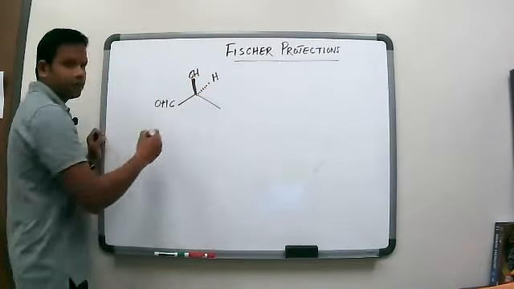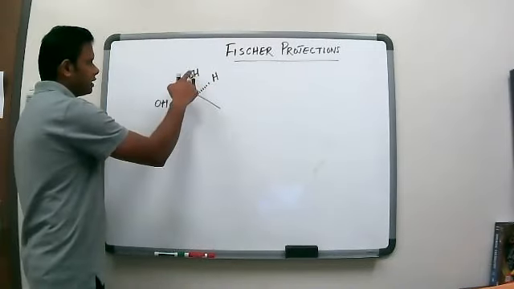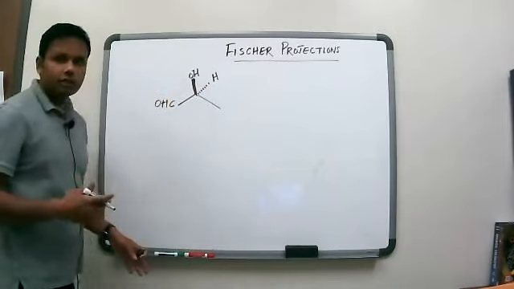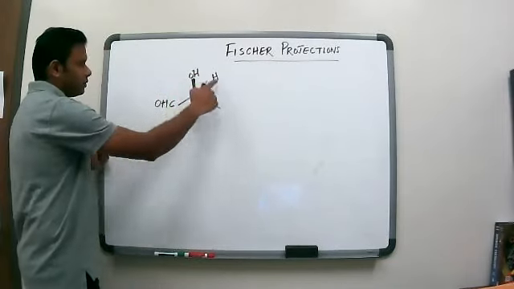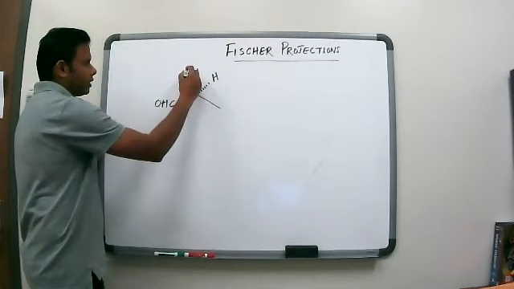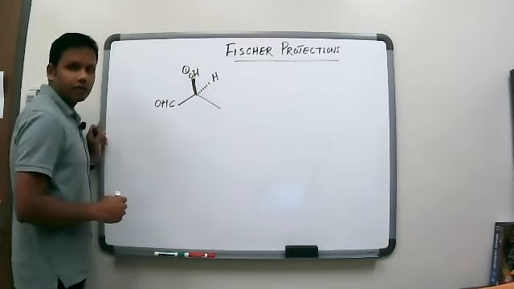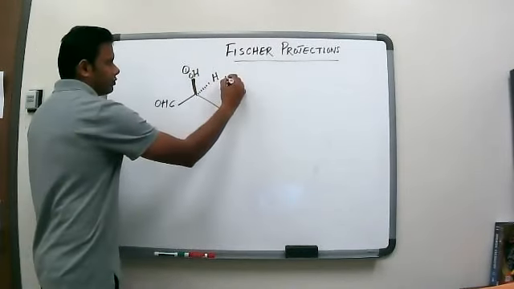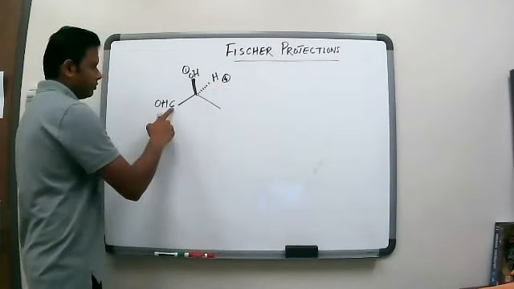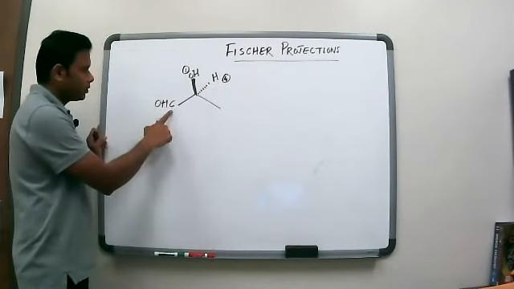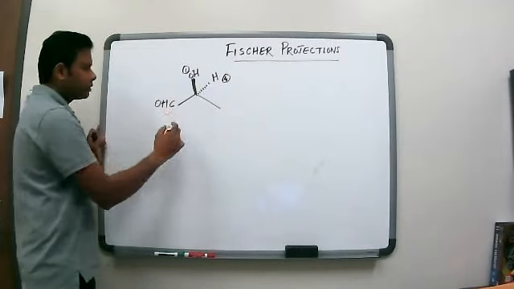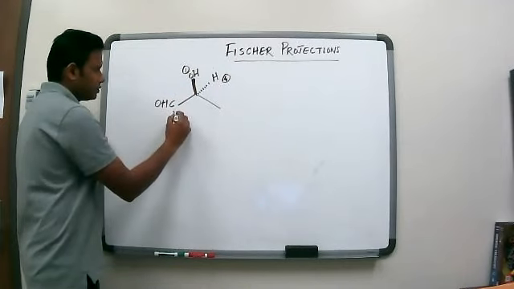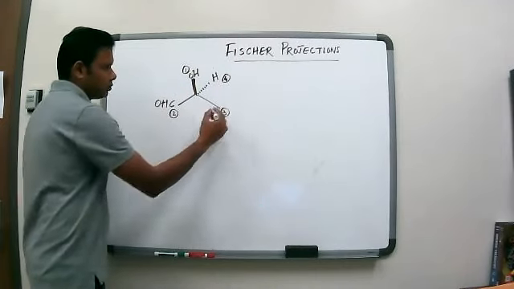If we start here, what we can see is the highest priority group. Hopefully you guys are pros at this right now. For this molecule, the highest priority group is the oxygen, so that's 1. 4 is the hydrogen. Then we have this aldehyde functional group, which is a carbon double bonded to an oxygen. So this is 2 and this is 3.